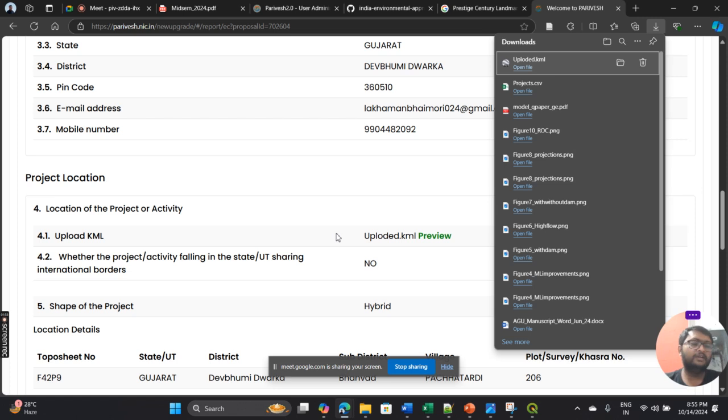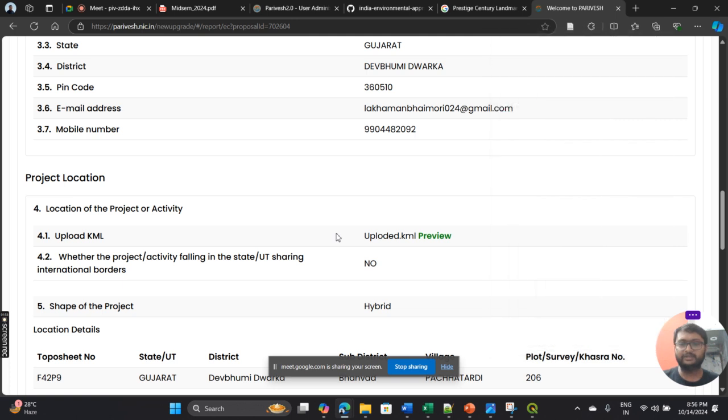If forest people are there, they will directly use this KML file and intersect this area with their forest map. If any new road is coming up, they will put that KML file of the road with the forest file, and they will say how much of the road is coming under the forest area or the ecologically sensitive region.